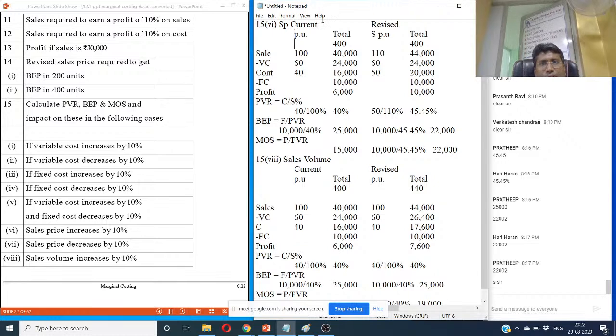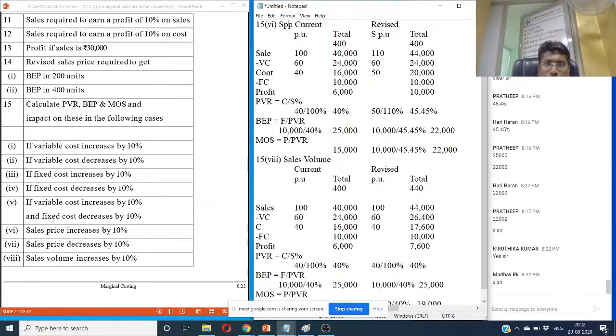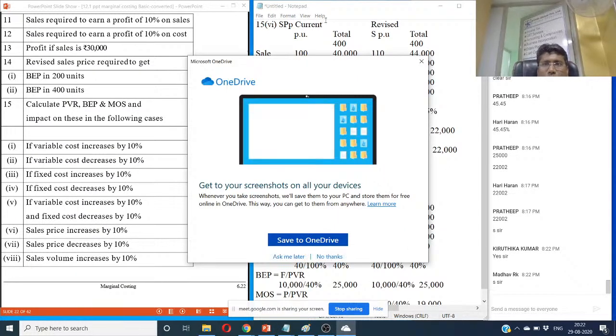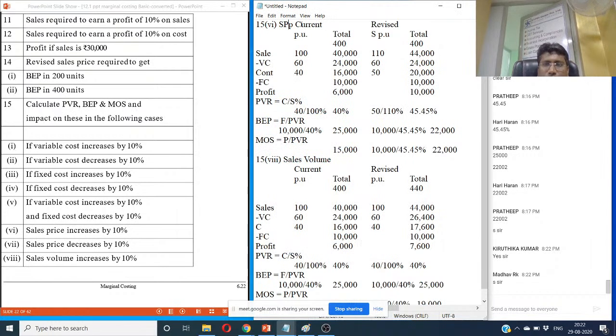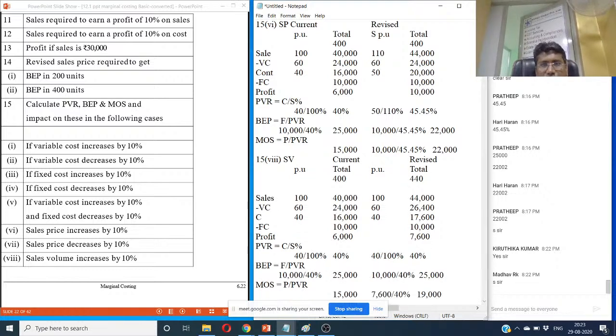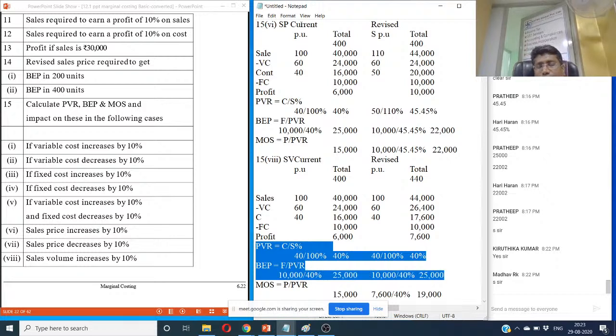So, sales price change and sales volume change. When it comes to the sales volume change, listen, I'll see what you need to notice. If the sales volumes are changing, PVR and BEP will not change.